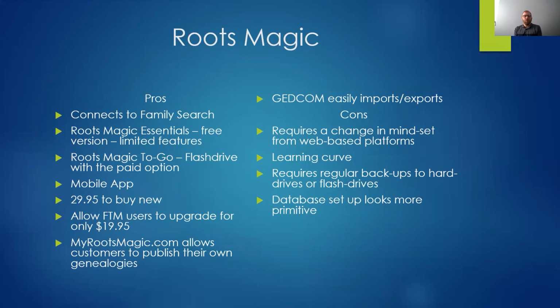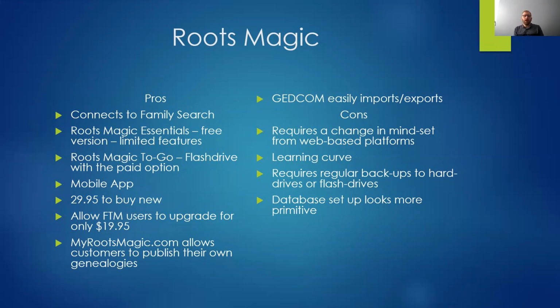I've been using RootsMagic Essentials, which is their free version, and I've really been enjoying it because it's given me an idea of what I'm missing with the actual paid version. It's just enough that I get to see how everything works, and all of the basic components work just fine.